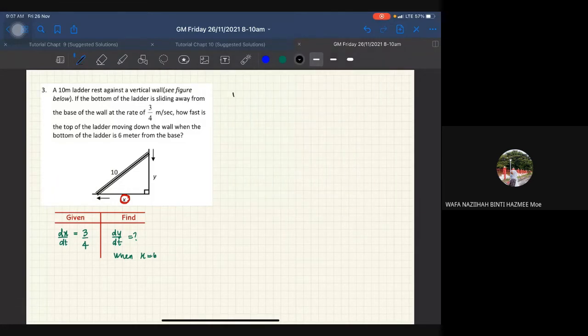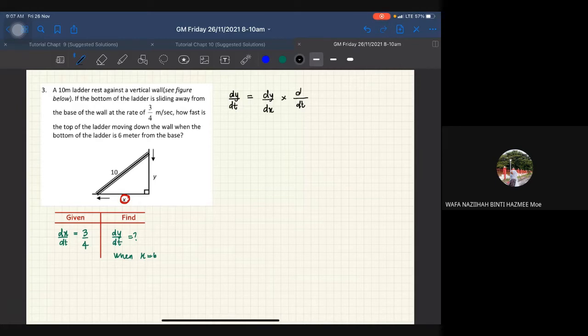Okay, dy dx and then dx dt. Okay, so if you take a look over here, you already have dx over dt, this one. The value is 3 over 4. Okay, so apa yang awak tak ada adalah dy over dx. So if you take a look at this figure that you have over here, do you have any idea on how you can relate y and x?